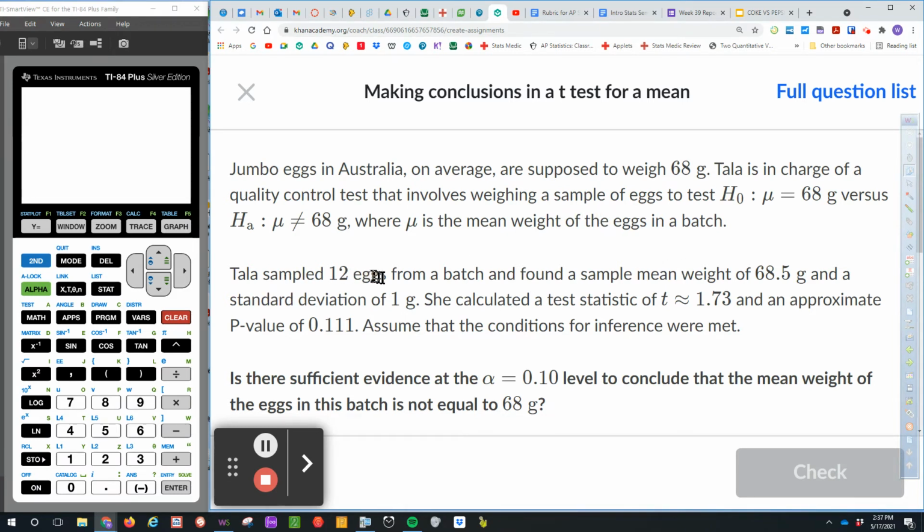Tala sampled 12 eggs from a batch and found a sample mean of 68.5 and a standard deviation of 1 gram. She calculated a test statistic of t approximately 1.73 and an approximate p-value of 0.111. Assume that the conditions for inference were met.